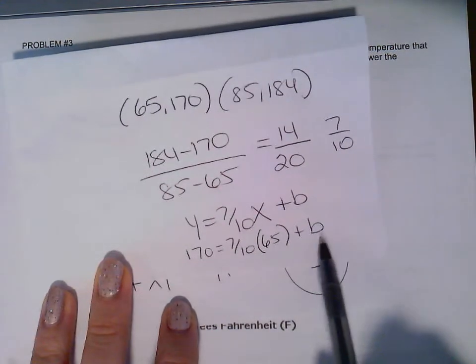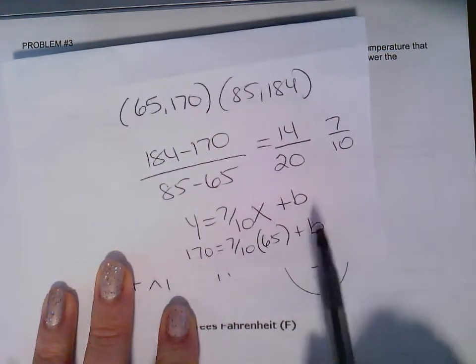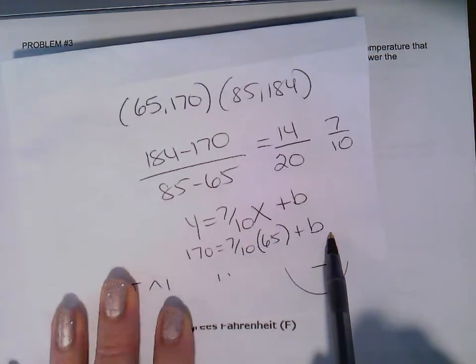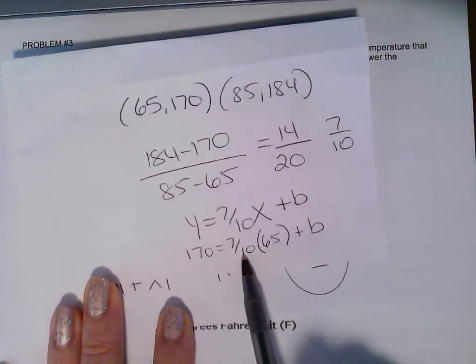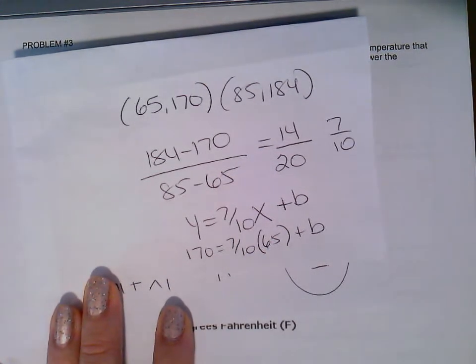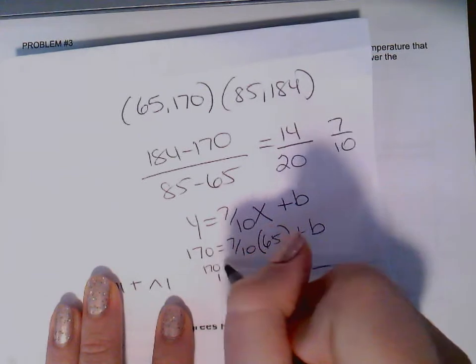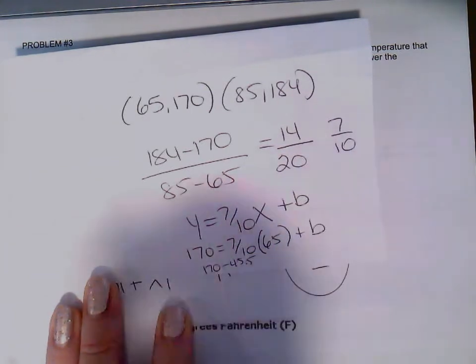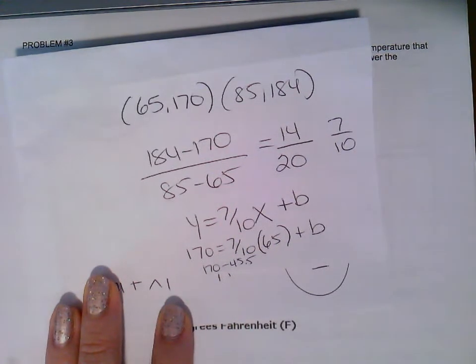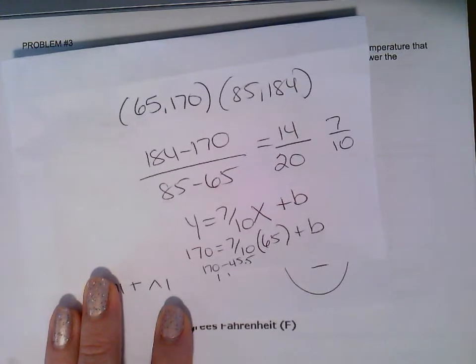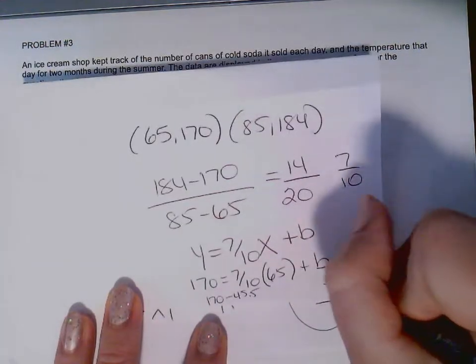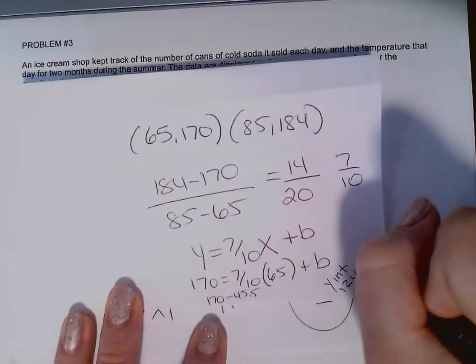We need to come up with a b value that will make this true, and that will be our y-intercept. I'm going to do 7/10 times 65. And I'm going to subtract that number to the other side. So 170 minus 45.5. So that's telling me that my y-intercept is actually at 124.5.